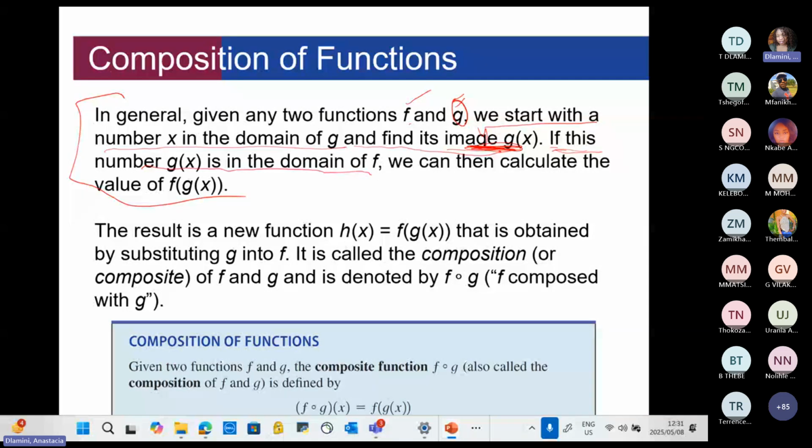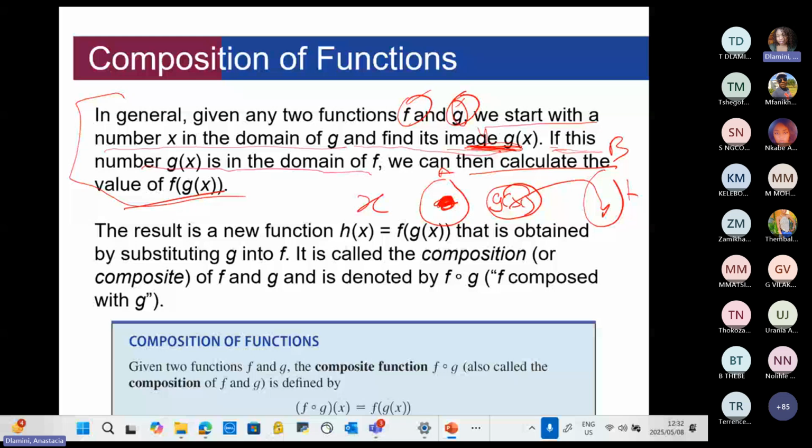If x is in the domain of g, then it means that you can find the image called g of x. And if this image is in the domain of f, then you can go and calculate f of g of x. That's what they're saying.